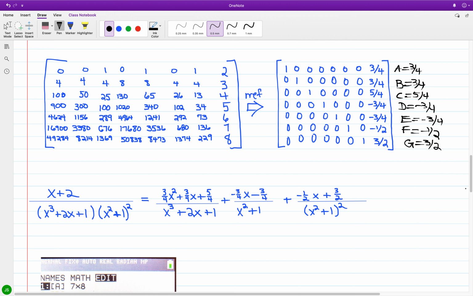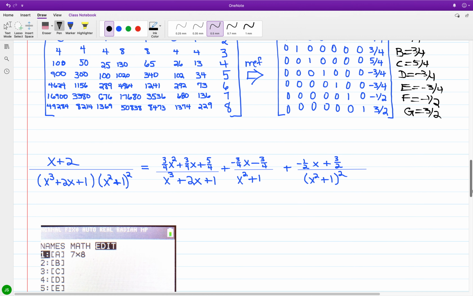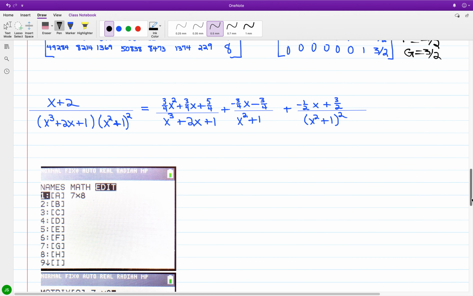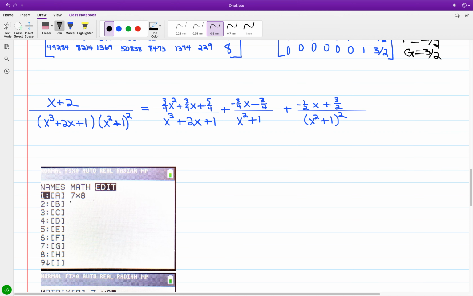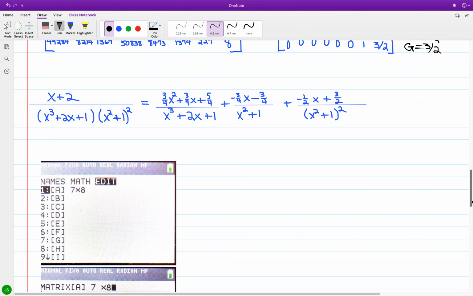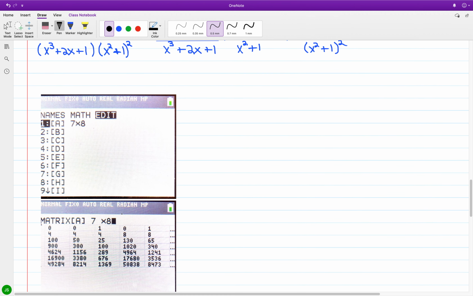Those would be your coefficients once we put them back into the decomposition setup for this particular ratio. In the process, I used a TI-84 Silver Edition calculator. Going into matrix, you have editing, and the dimensions will be 7 by 8, so you have 7 rows, 8 columns, and I put in the coefficients.